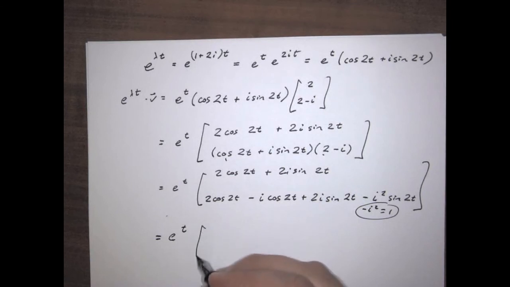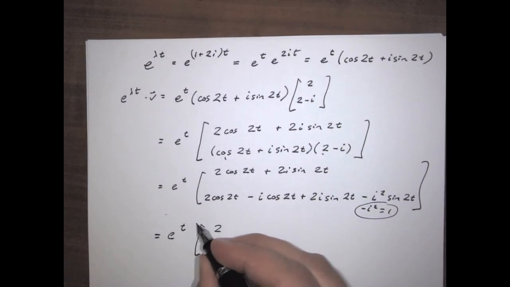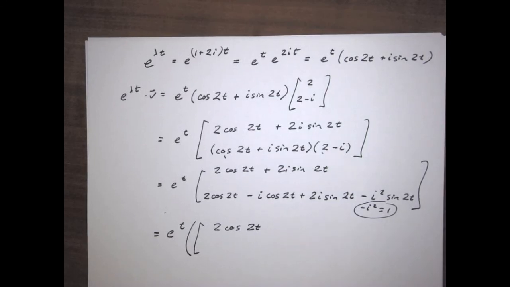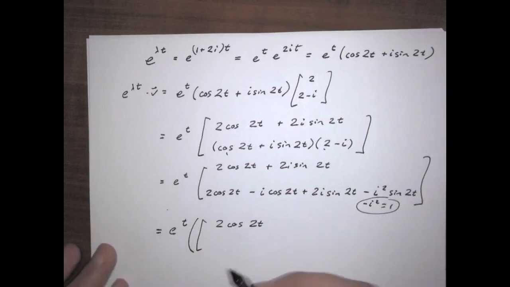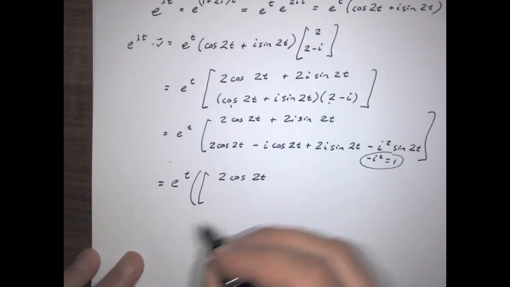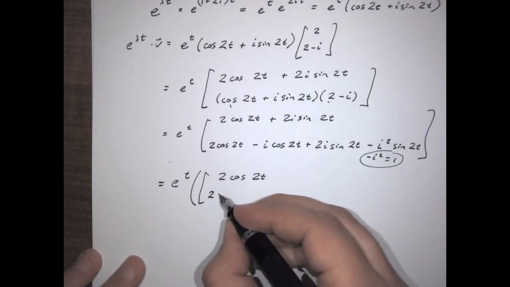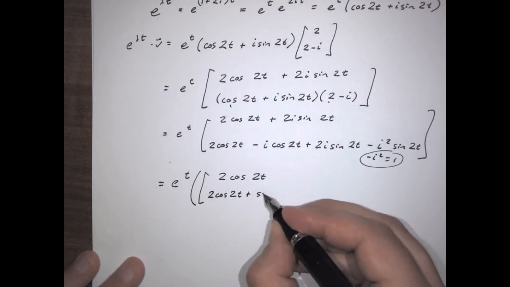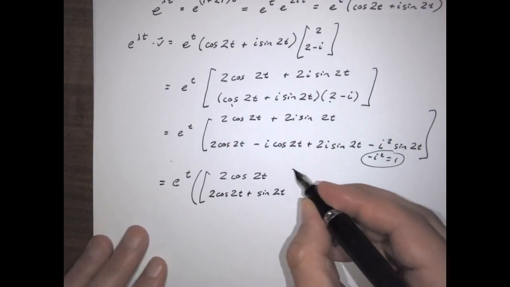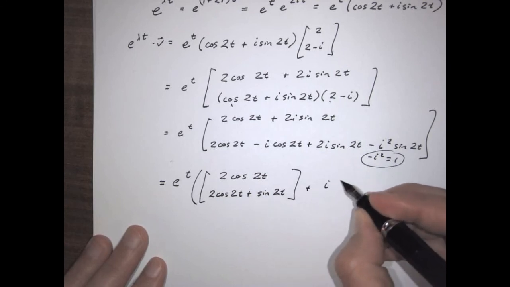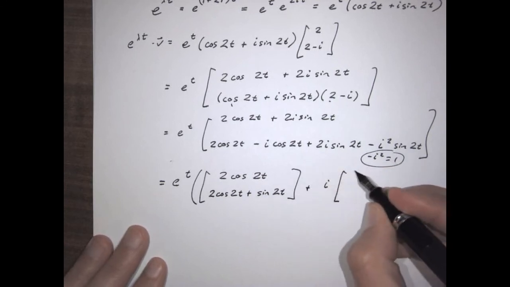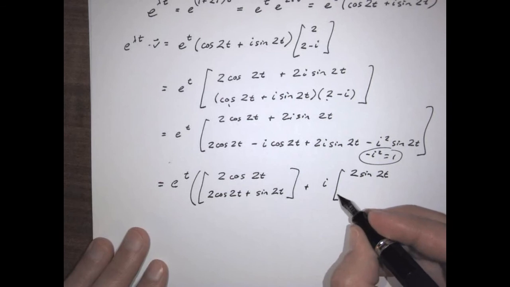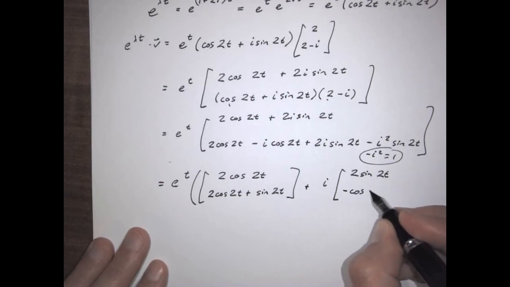So that's going to be 2 cosine 2t plus sine 2t. So I'm just going to now collect the real parts and the imaginary parts. So 2 cosine 2t is the real part at the top. On the bottom, we are going to have 2 cosine 2t plus sine 2t, and then plus i times 2 sine 2t on the top, and on the bottom we're going to have negative cosine 2t plus 2 sine 2t.